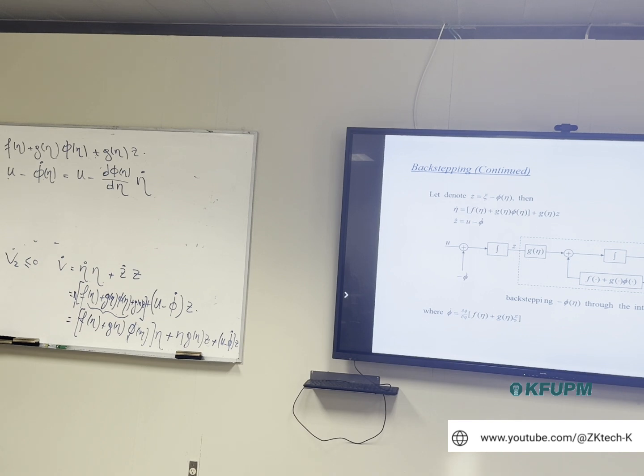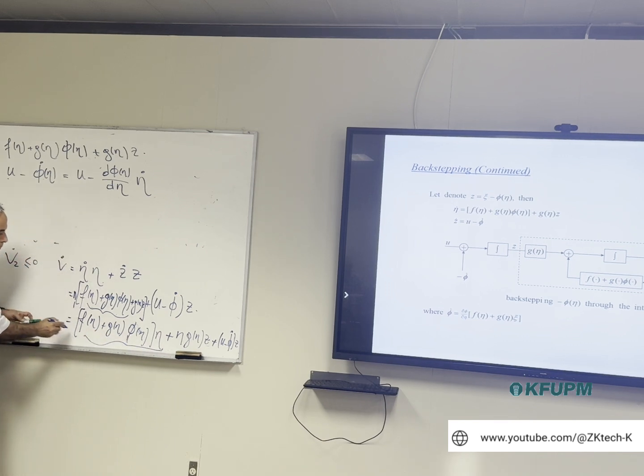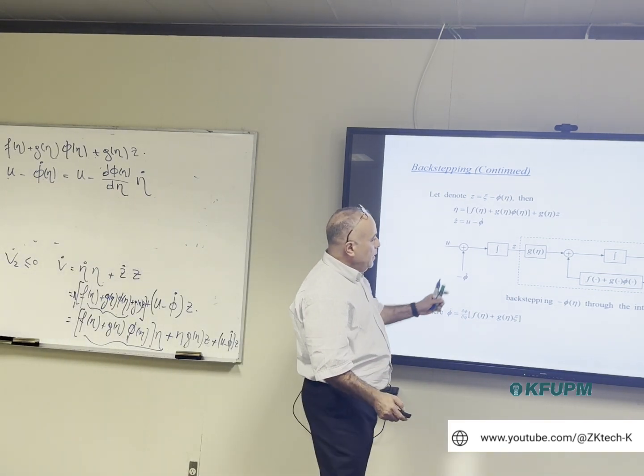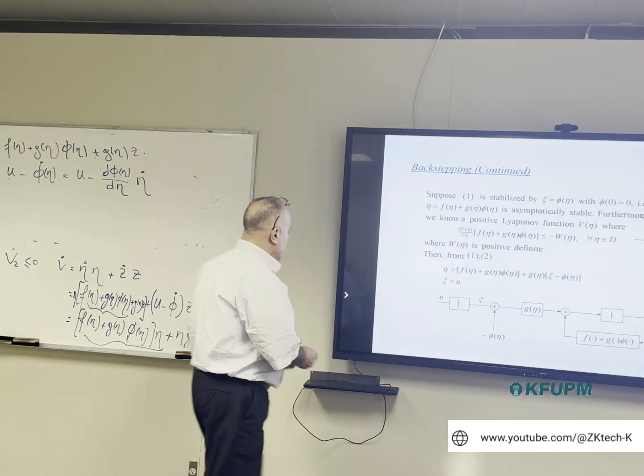You agree with this? Yes. So this term I know the value of, right? It's the value of the first v1 that I took, and it's less or equal to minus w1 of eta.